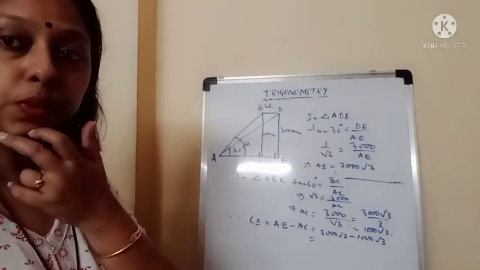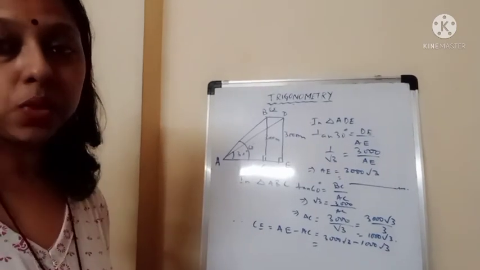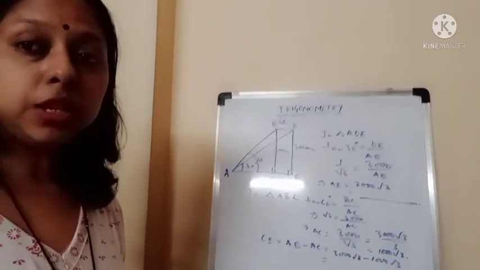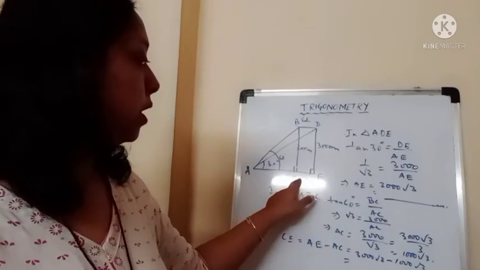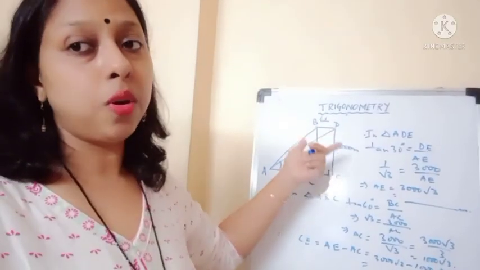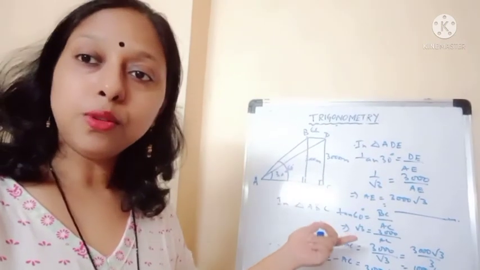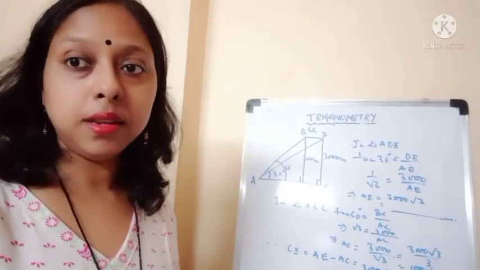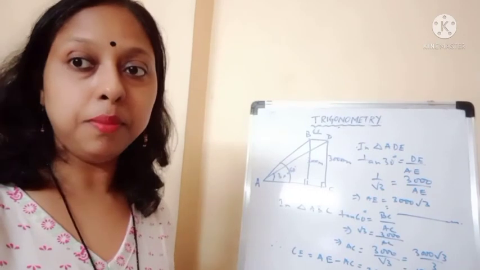Then you have to multiply it with the value of √3, that is 1.732, and you will get the value of CE. Now as you get the value of CE, CE is equal to BD. So you got the distance BD. Now to find the speed, divide it by 6 seconds. You will get the speed in meter per second.